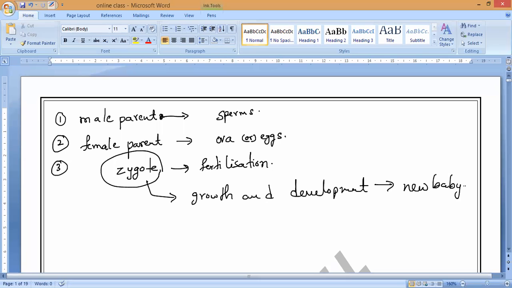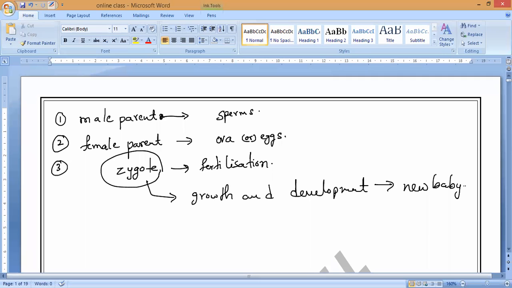A new baby will be produced. So the whole process of sexual reproduction in animals involves the formation of sperms and eggs, the joining together of sperm and egg to form a zygote, and the growth and development of the zygote to form a baby animal. That is the complete process involved in sexual reproduction in animals.